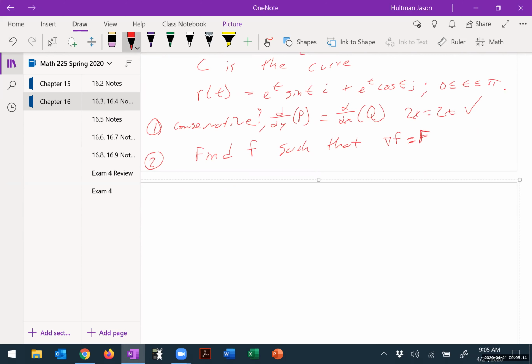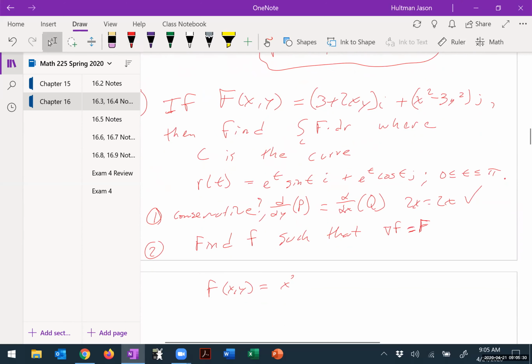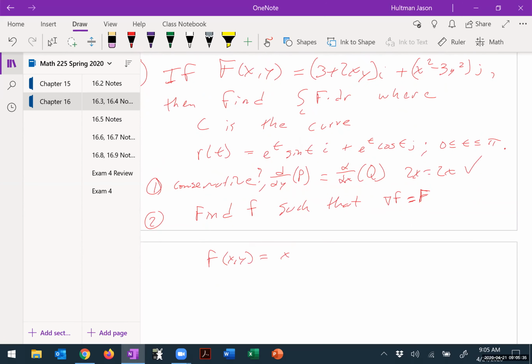What was the parent function? The parent function was f of xy equals, it was x squared y. What was it? It was x y squared plus 3x minus y cubed plus k, right?